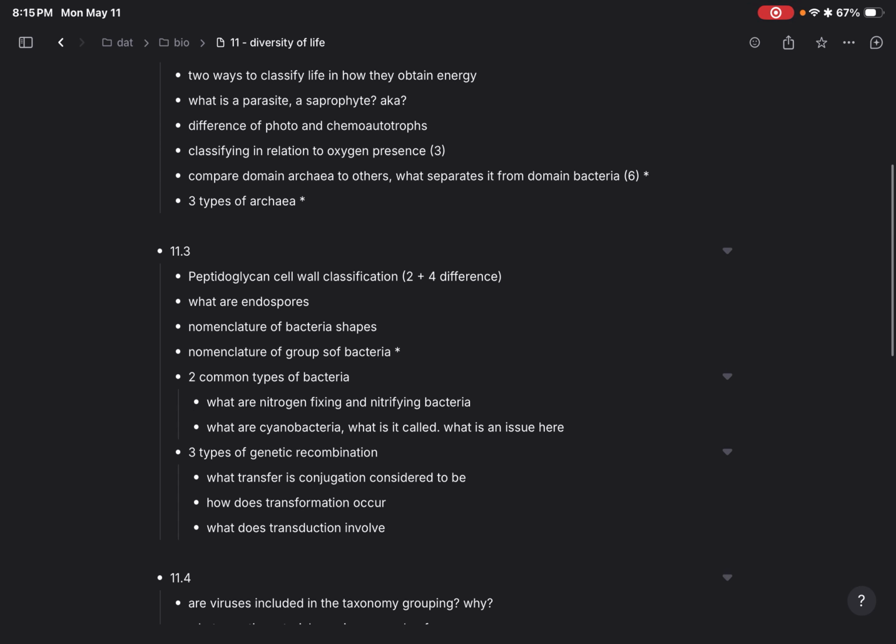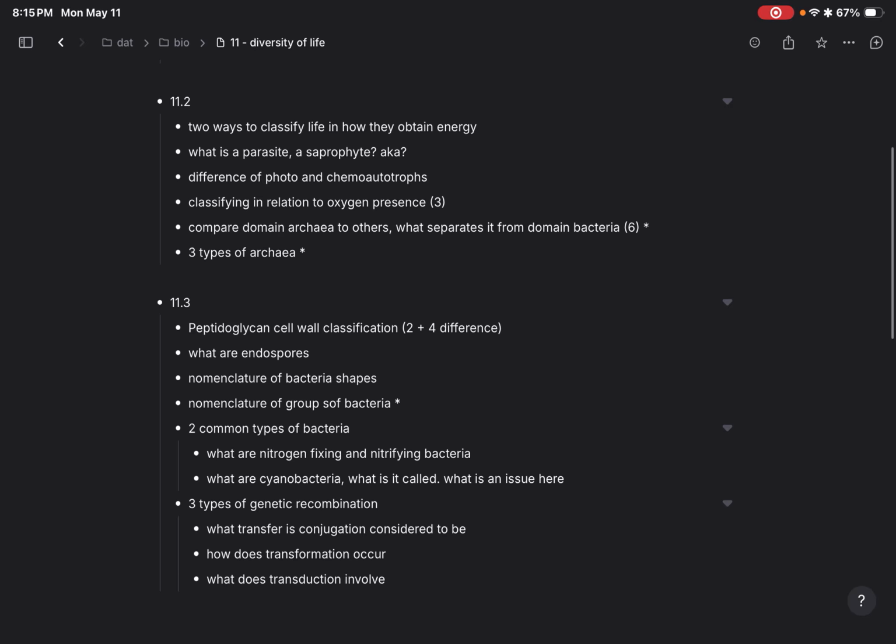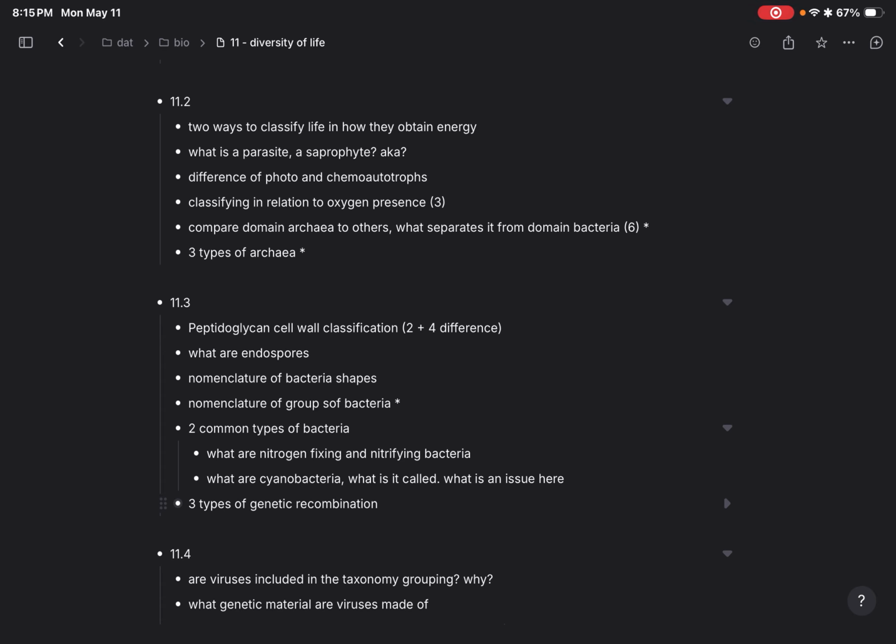So what are the three types of genetic recombination? Let me just cover it. There's conjugation, transformation, and transduction. Conjugation is with the pilus. I'm 99% sure. You stick it into the other cell and then you put the plasmid in.